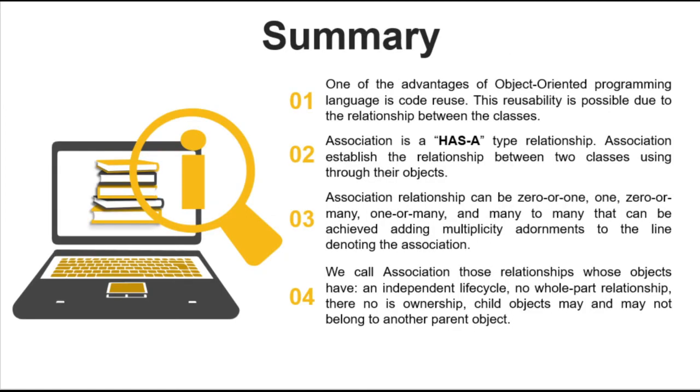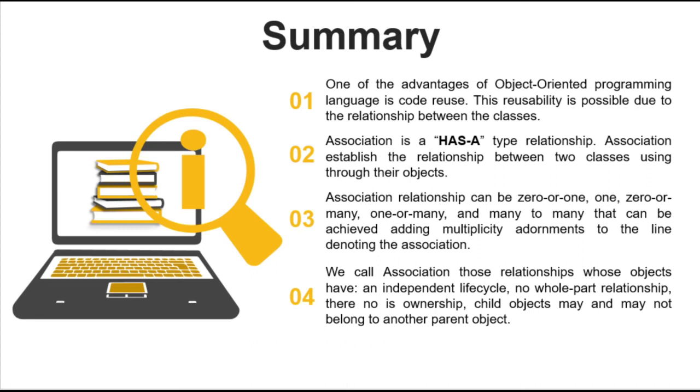In summary, we could say that one of the advantages of object-oriented programming language is code reuse. This reusability is possible due to the relationship between the classes. Association has a type relationship. Association establishes the relationship between two classes through their objects.